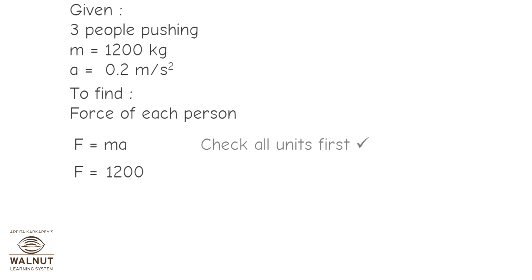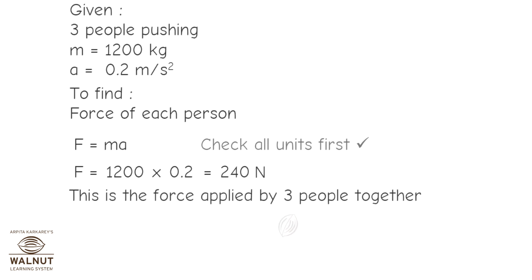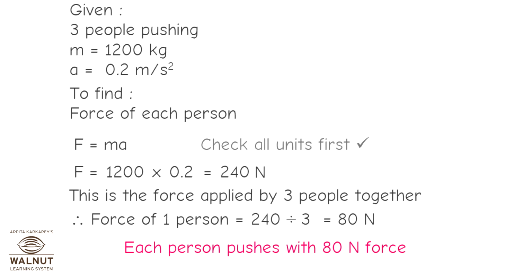F is equal to 1200 into 0.2, which is equal to 240 newtons. This is the force applied by 3 people together. Therefore, force of one person is equal to 240 divided by 3, which is equal to 80 newtons. Therefore, each person pushes the motor car with 80 newtons force.